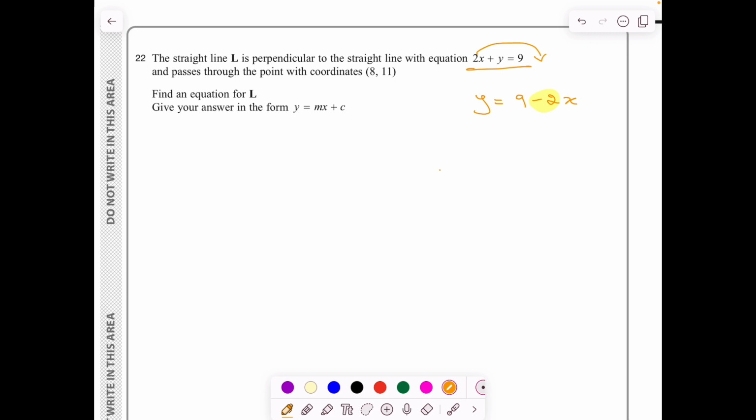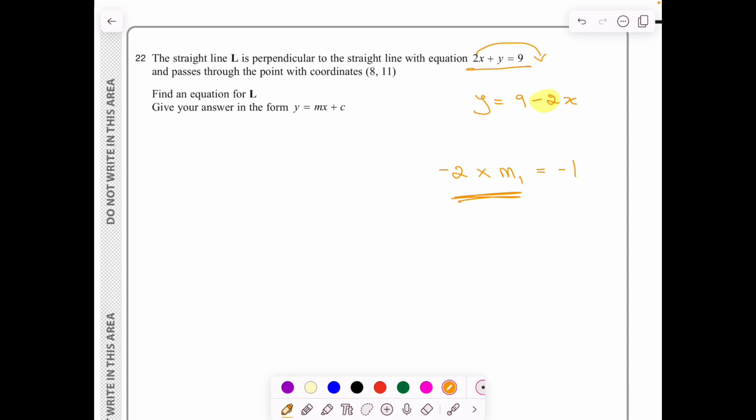So minus 2 times the gradient, I'll call it m1, equals -1. So those two should multiply to make -1.